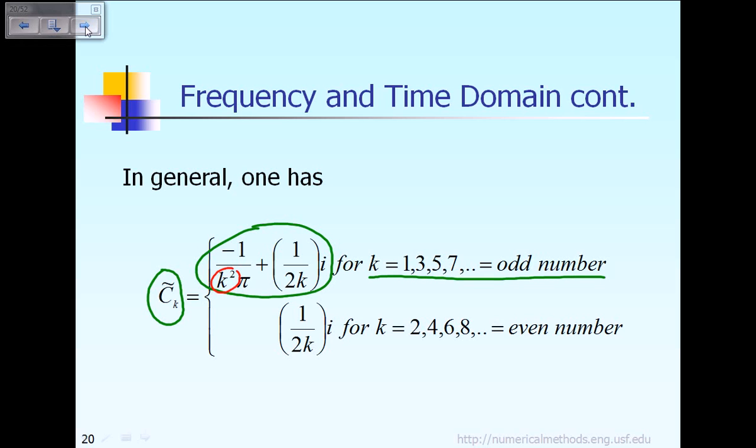For the denominator of the imaginary part, it's doubled, becoming 2k. On the other hand, when k is an even number, then the real portion of C tilde k is 0. And the denominator of the imaginary part, again, is doubled. So this formula is very compact. And you can get the same answer for C tilde 1, C tilde 2, up to C tilde 8 using this compact formula right there.